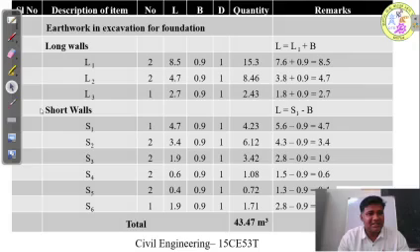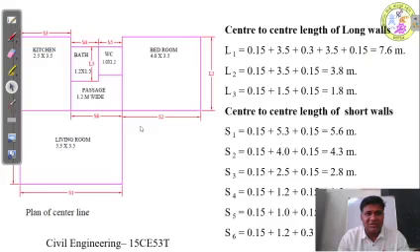Similarly, next we will move on to L2. So this is the wall of L2. The center to center distance is 3.8 meters. How many numbers of L2 are there? 1 and 2, so two numbers of L2 are there.